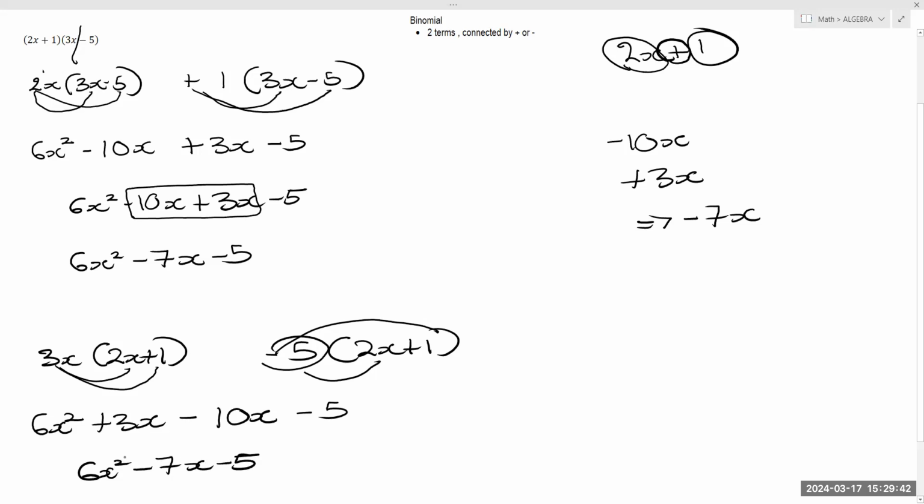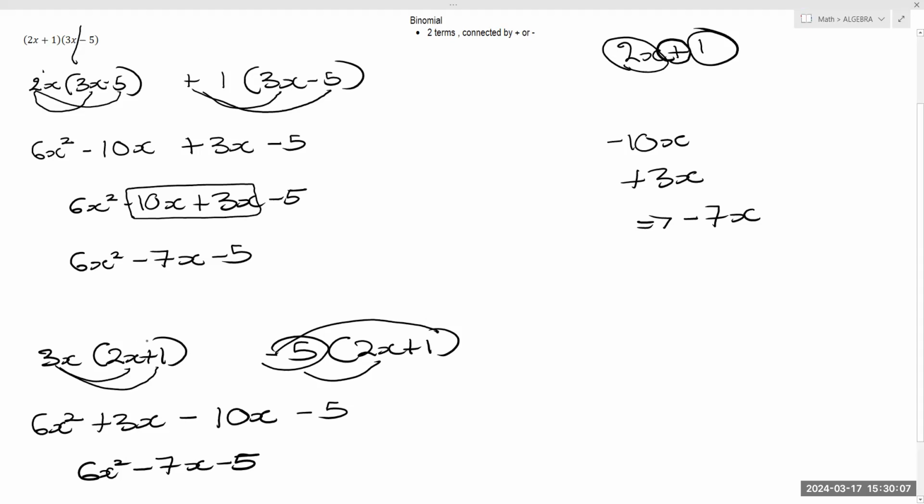So it's easier this way because everything is written down and you can follow the steps and you always know if you made a mistake or not. Okay, when you write it down like this, you can always check if you made a mistake or not.